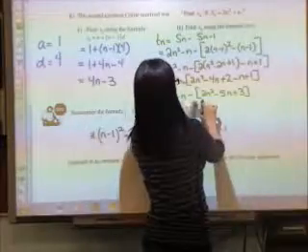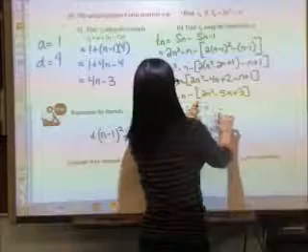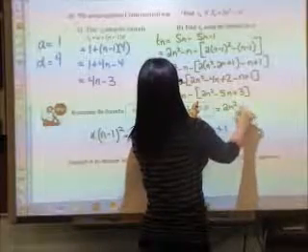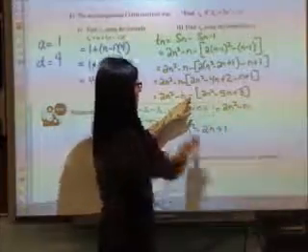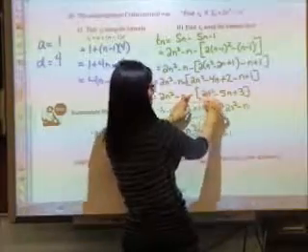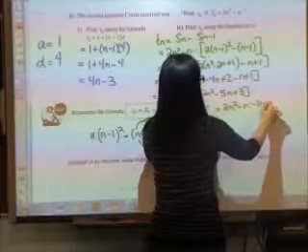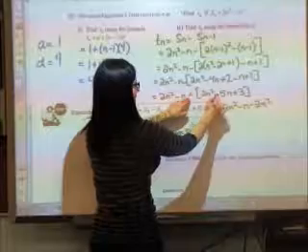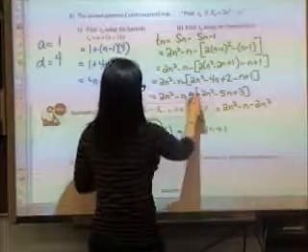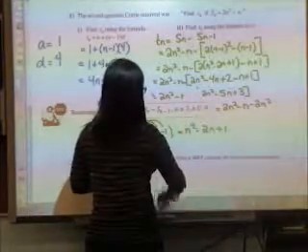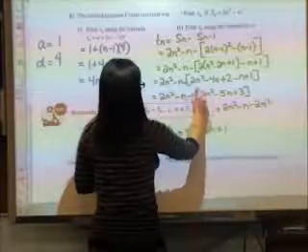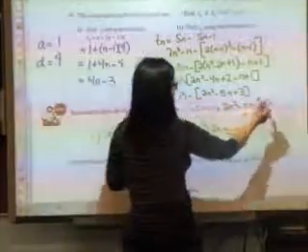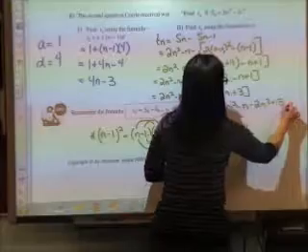So then if I remove these brackets, I will get 2n squared minus n. Think of this as being a negative 1. So I would change this into a negative 2n squared. Negative of a negative would be a positive 5n.